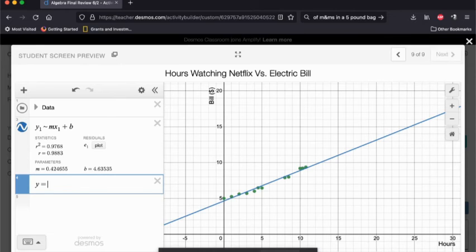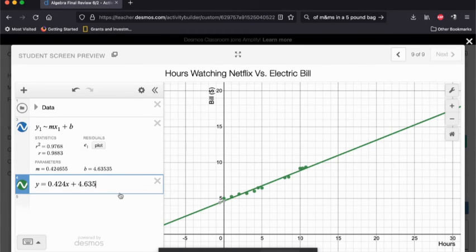So remember, it's giving me my slope, and it's giving me a y-intercept. So once I type it in, you'll see that this equation lines right up with that line of best fit. So what this is telling me is it's about 42 cents an hour for Netflix, but just for being an electric customer, I already owe the electric company about $4.63.